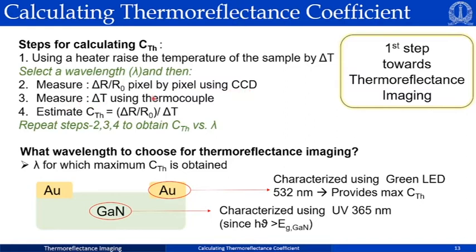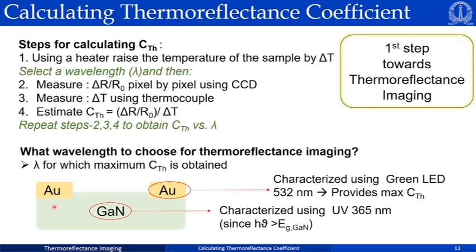You measure delta T from the thermocouple, and then you estimate the CTH value. So this CTH value is for a given wavelength. Then you change the wavelength and measure CTH again, and by this way you find the value of lambda for which the magnitude of the CTH is maximum. Okay, so that means the CTH value is maximum for a particular wavelength, and then that wavelength has to be chosen for your thermo-reflectance imaging measurement.